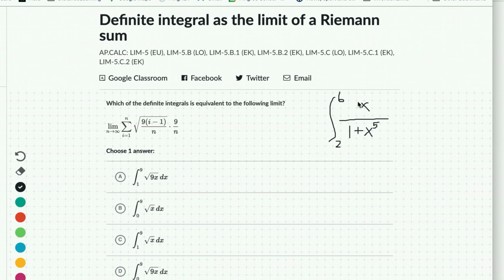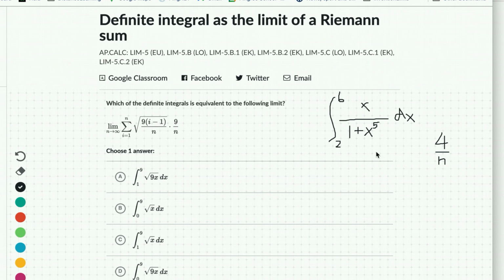So for this last problem from our textbook, it's an integral from 2 to 6, and it's x over 1 plus x to the 5th, and should be dx there. That's our notation. They're saying express that as a limit of Riemann sums. So you need to look at the bounds. Okay, that's from 2 to 6. That's 4. So our step is going to be 4 divided by whatever n is. Okay, then we're going to start at 2.